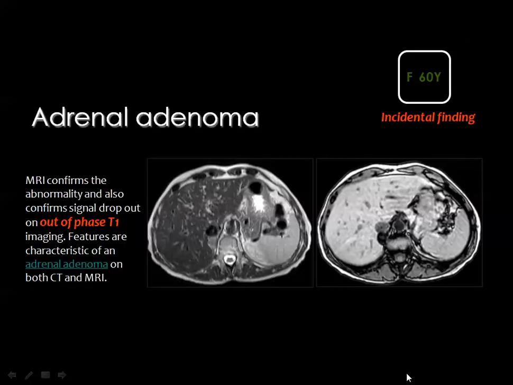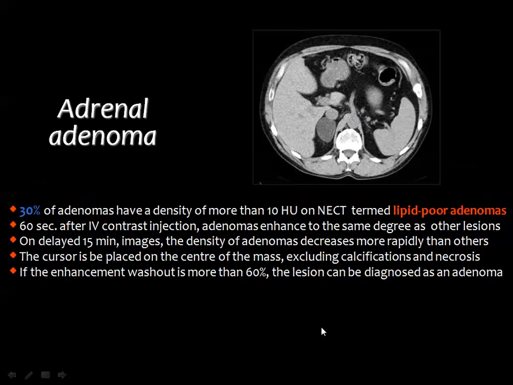And here is an example of adrenal adenoma on the right side. This is a T2 weighted image, and this is the adenoma, this is the inferior vena cava, and this is the aorta. In the T1 out of phase images, you see marked drop of signal of the lesion, diagnostic of lipid-rich adenoma.